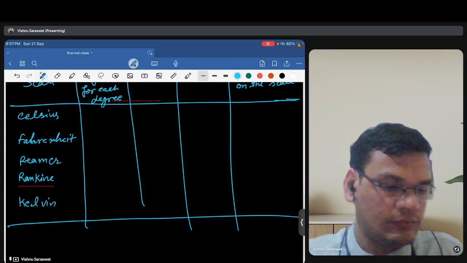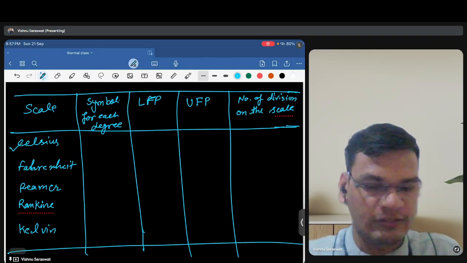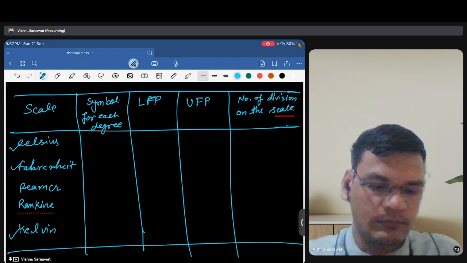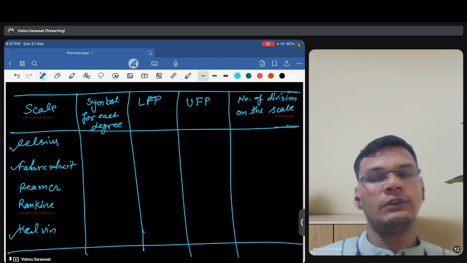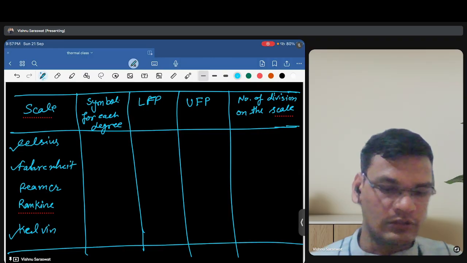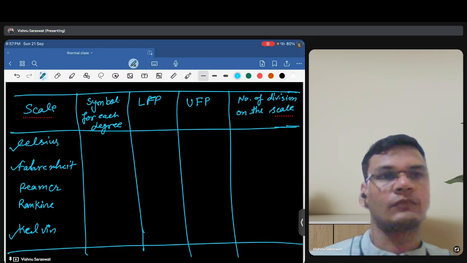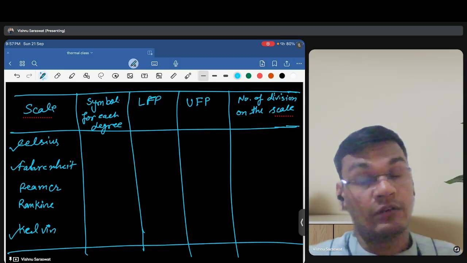In general, or in daily life, we use Celsius, Fahrenheit, and Kelvin. Celsius and Fahrenheit are very common, but when we do research or scientific work, we need to change the temperature from degree Celsius to Kelvin.